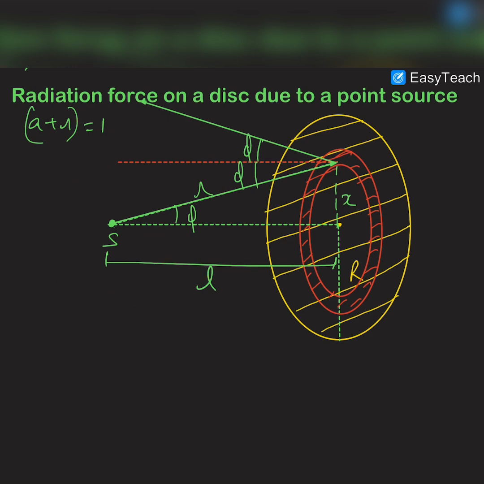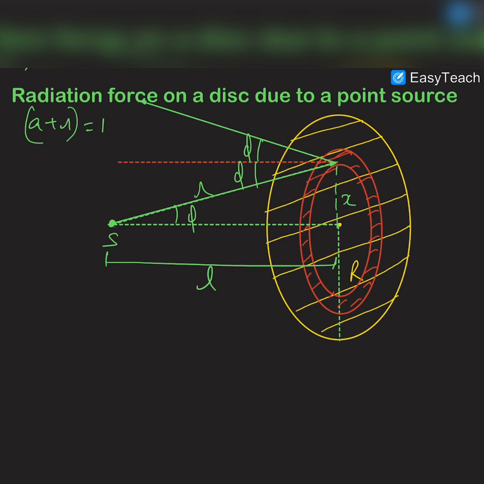That wavefront is passing through this disk and it is applying some radiation force on the disk. Now we obviously know that at all the points this angle will be different and r will be different. Therefore we have to integrate this expression.